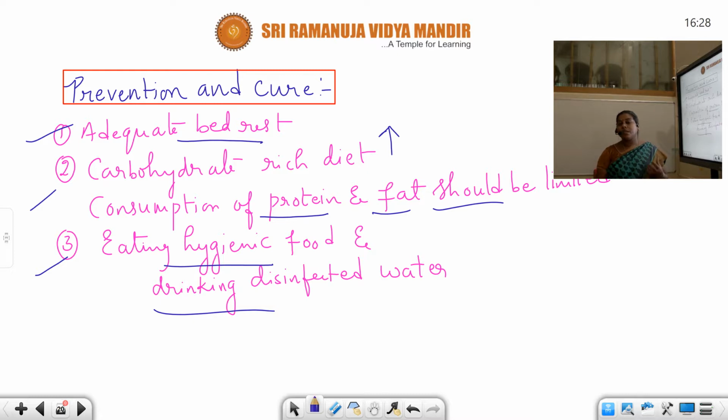They know that if we eat something outside, obviously we'll get some abnormality in our body, simply because they do not maintain proper hygienic conditions. Obviously they use contaminated water for cooking and all. So it is better to avoid eating outside food.